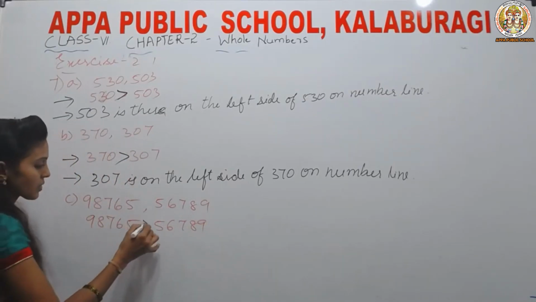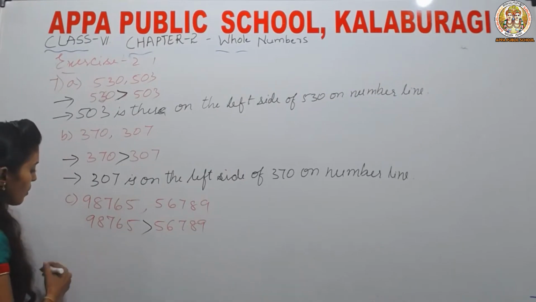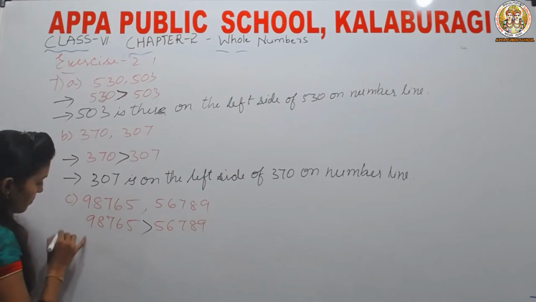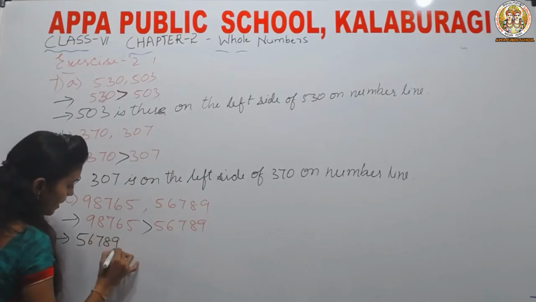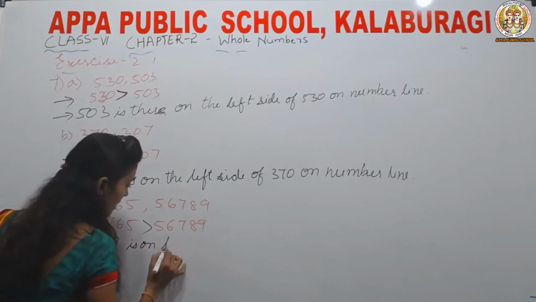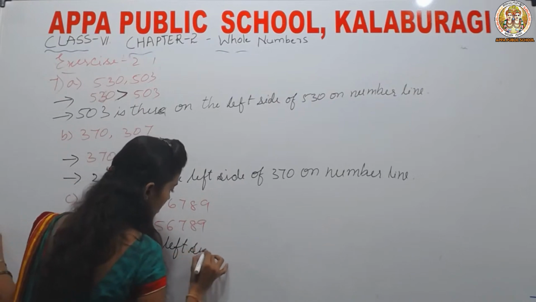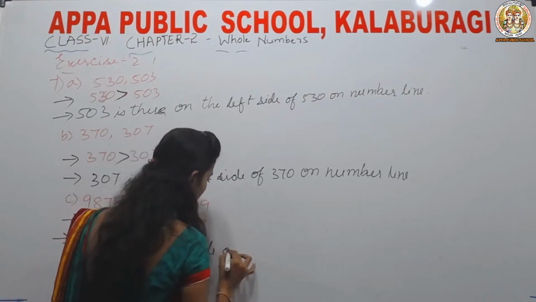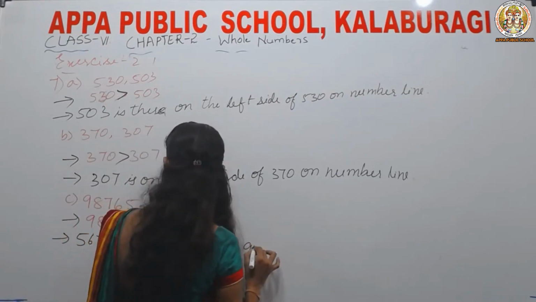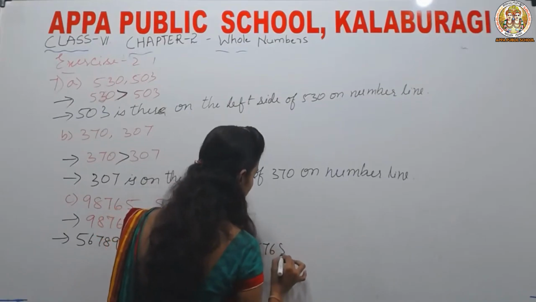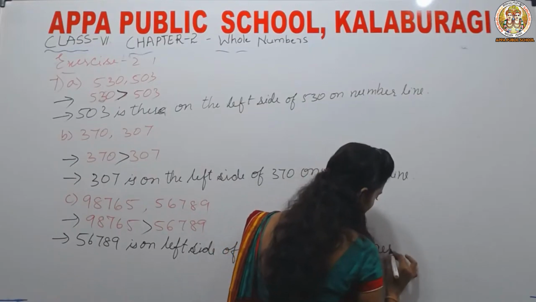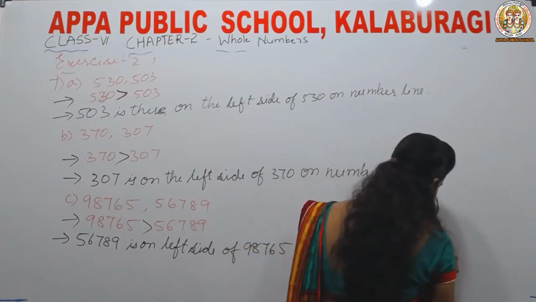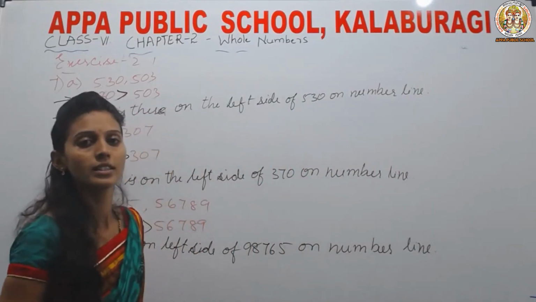So obviously this is greater, right? So therefore, 56,789 is on the left side of 98,765 on the number line. Did you get it?